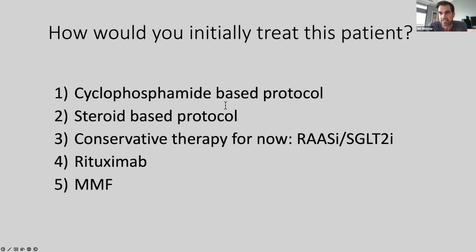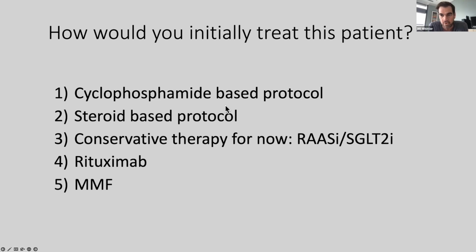KDIGO suggests that it doesn't really matter on the histology with crescents or segmental necrotizing lesions, and you should be treating them with aggressive therapy if they're an RPGN. That's KDIGO's take. And we've all seen cases that don't progress that have one crescent and less than 10% crescents. So I think it's tough.